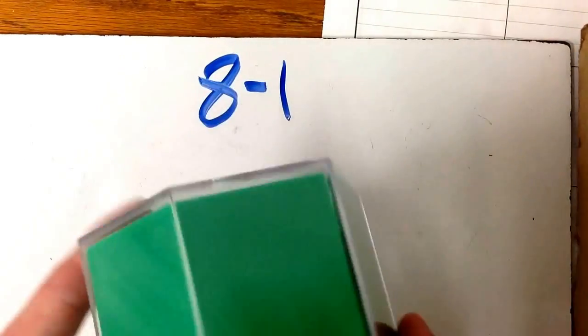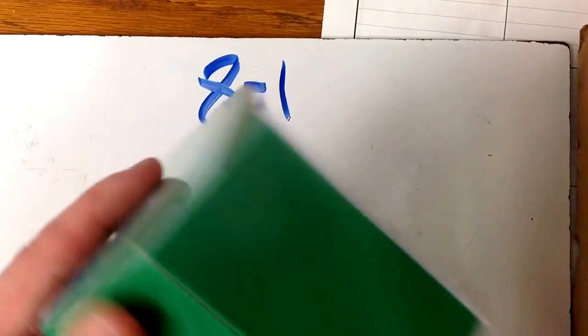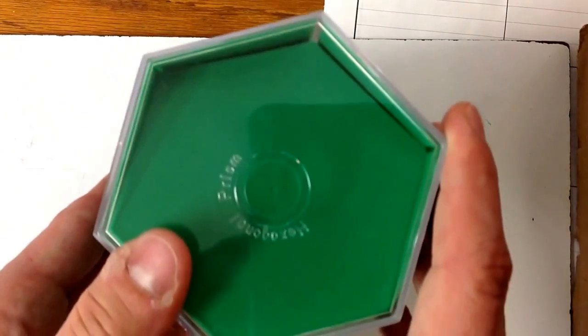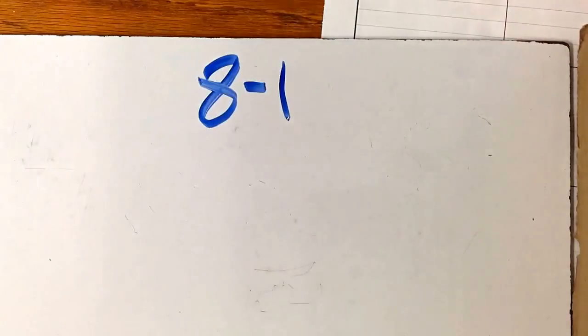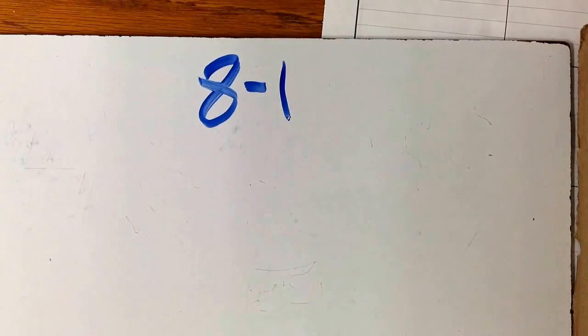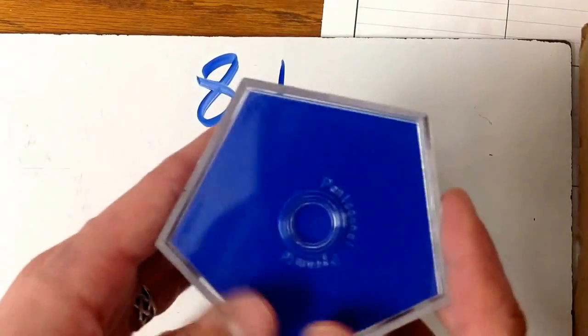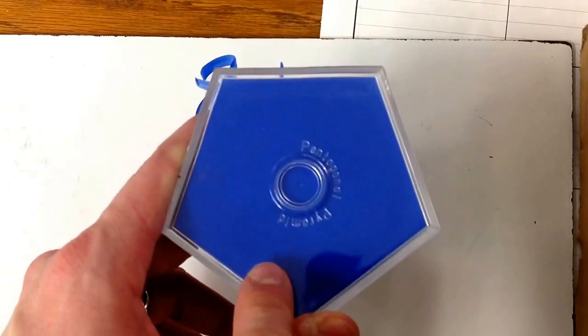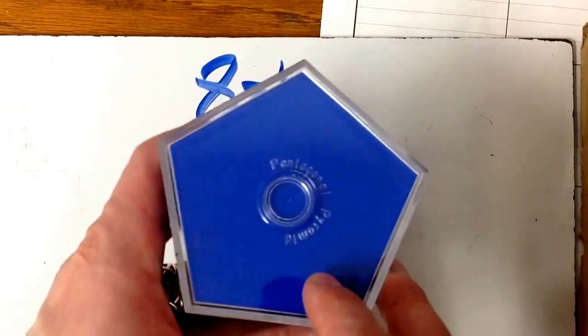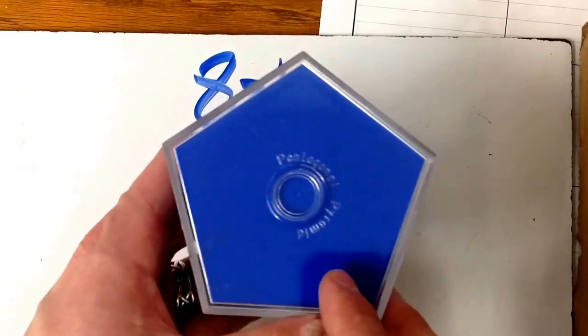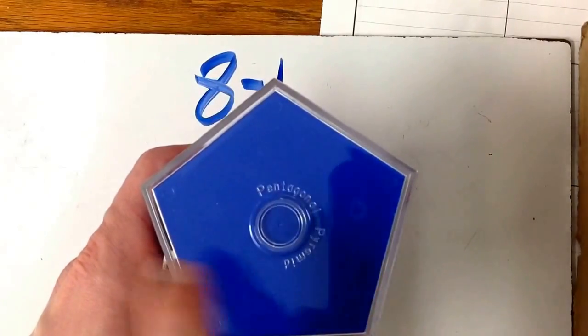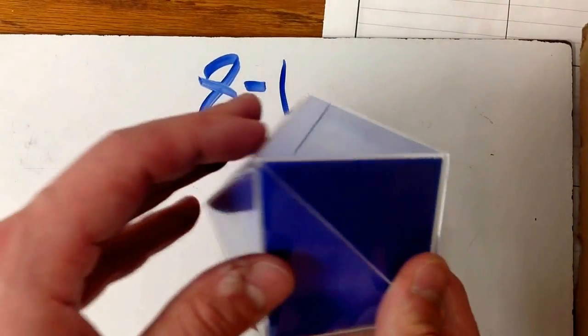So we got all of those terms here on the prism. Now a pyramid has only one base, and so we still use the base to help us name the figure. So this is a pentagon, so I would call this a pentagonal pyramid.